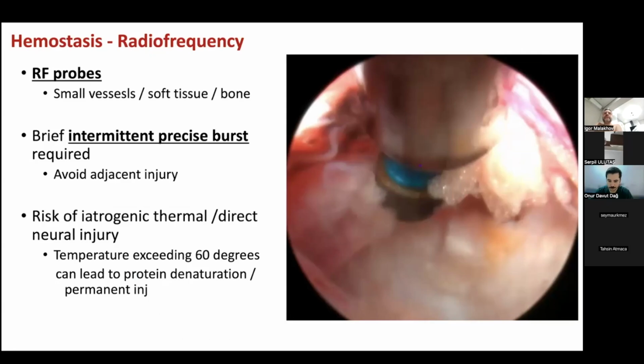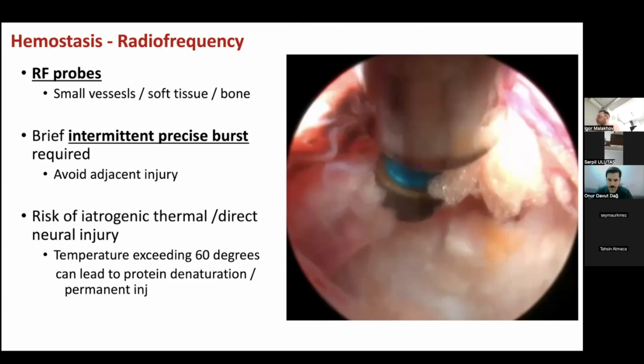Another tool is radiofrequency, of course. These are extremely effective in controlling small vessel bleedings or soft tissue bleedings. And when used well, they can even control bone bleedings as well. One important point is that you need to be intermittent and precise, but at the same time use a very short, brief, intermittent shooting.